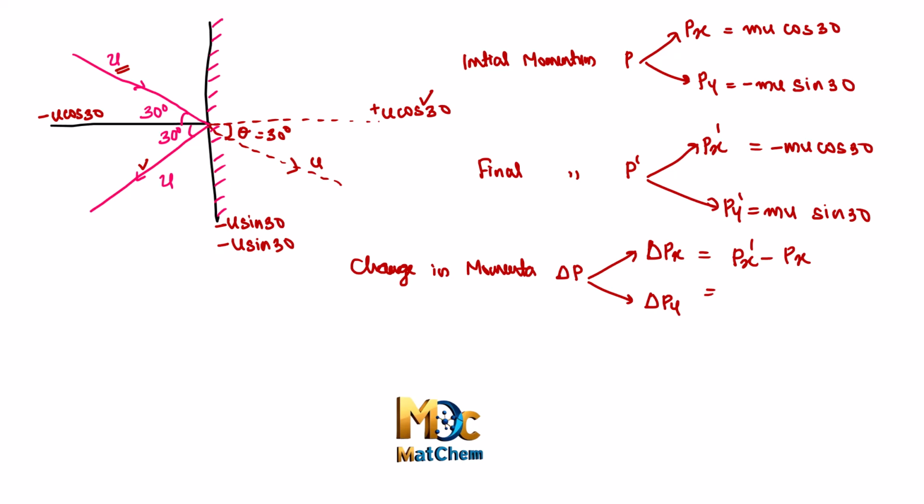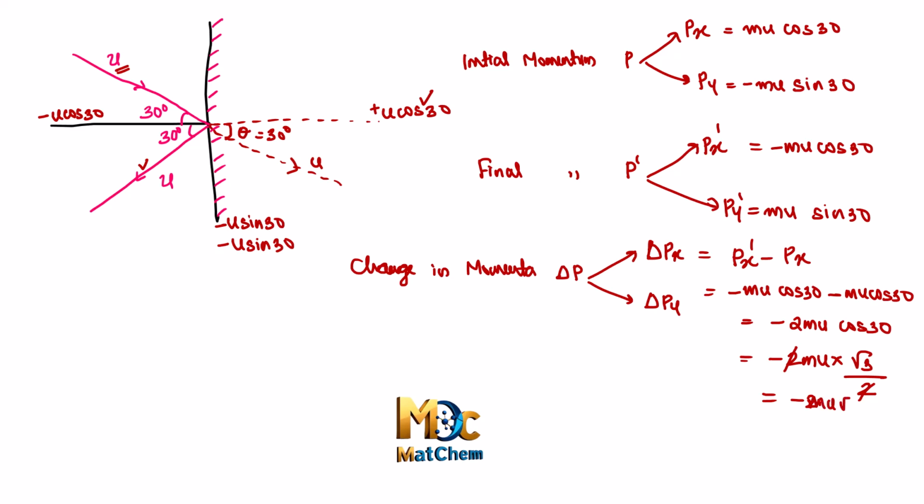Px dash is minus mu cos 30, and Px is mu cos 30, so that is equal to minus 2 mu cos 30. What is cos 30? Cos 30 is root 3 by 2, so that is minus 2 mu into root 3 divided by 2. 2 and 2 get cancelled. You will get minus root 3 mu.